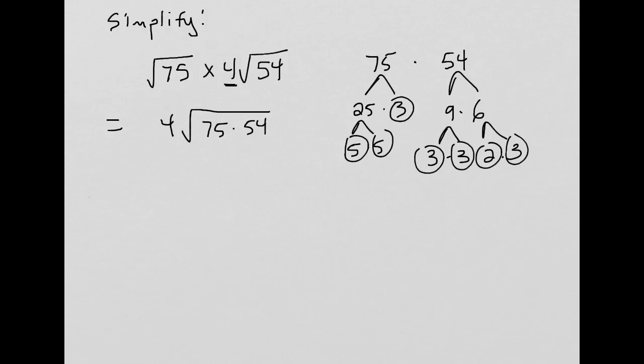So then overall, what we have is the 4 stays in front. And then underneath, I've got, let's see here, 1, 2 2's. And then I've got, let's see, 1, 2, 3, 4 3s.